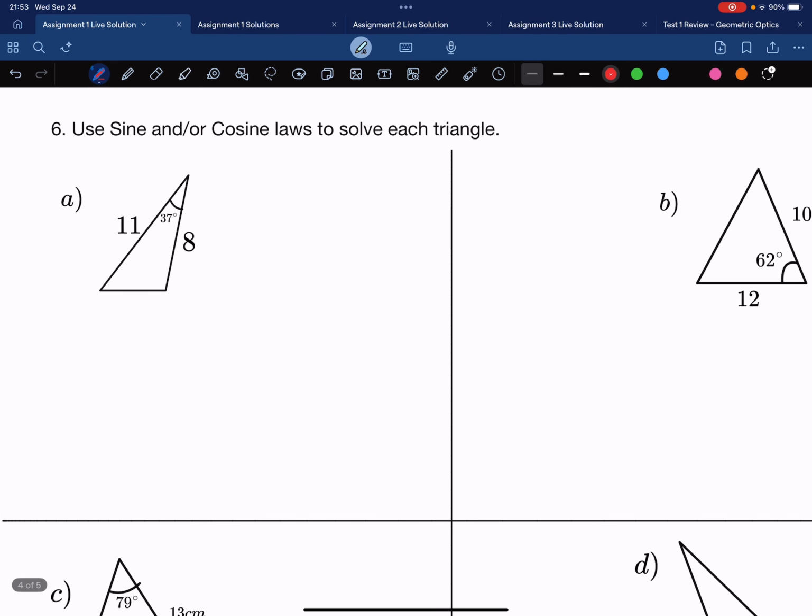So, use sine and or cosine laws to solve each triangle. Use them however you want. This first one is set up specifically for cosine.